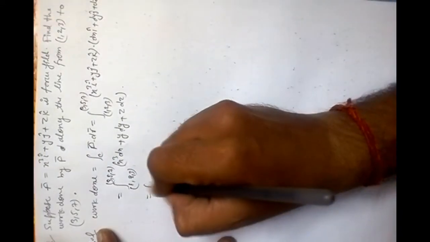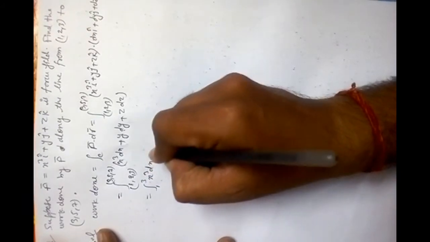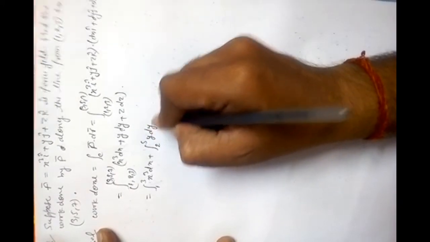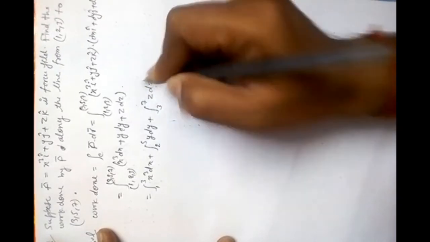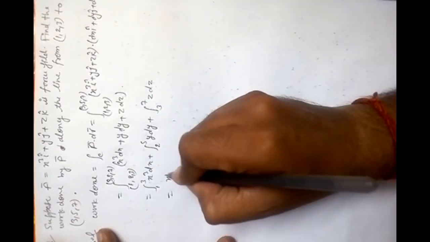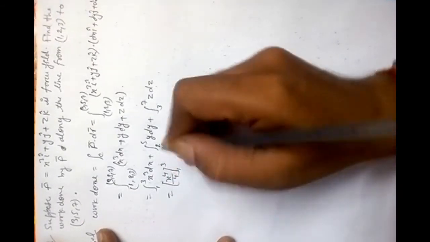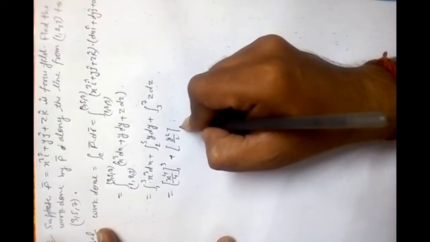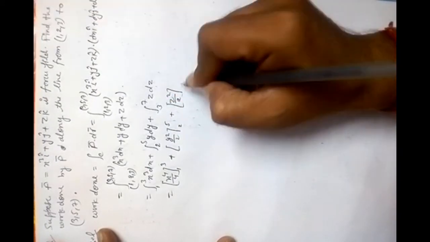So integral 1 to 3 x cube dx plus 2 to 5 y dy plus 3 to 7 z dz. Now integrating this term, x to the power 4 upon 4, limit 1 to 3, y square by 2, limit 2 to 5, z square by 2, limit 3 to 7.